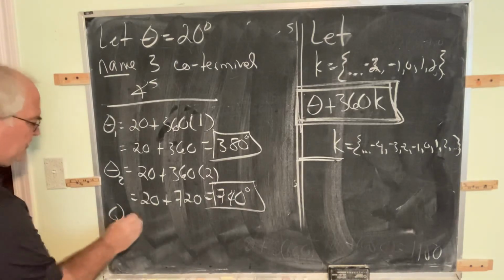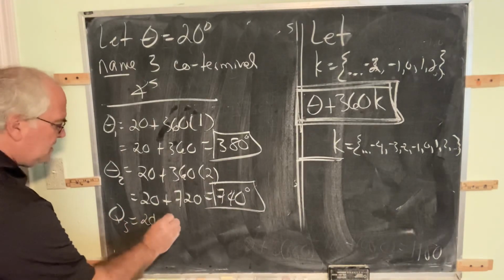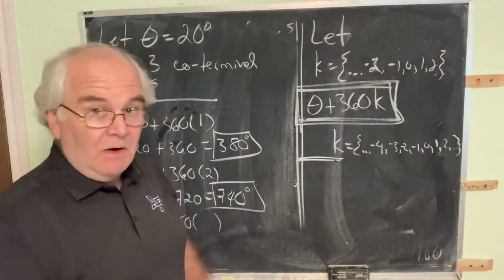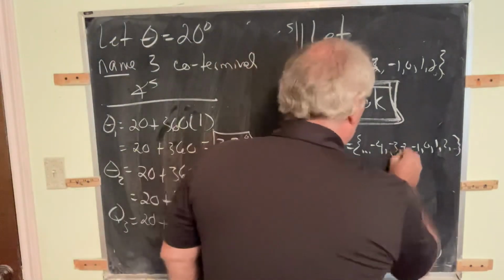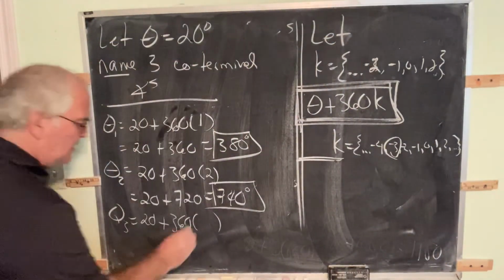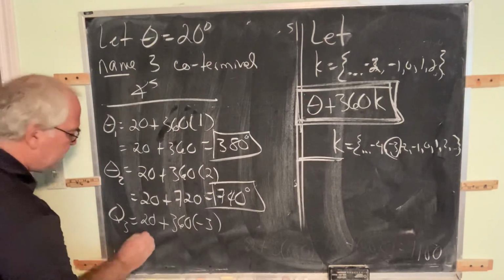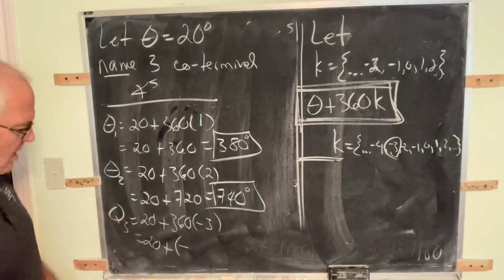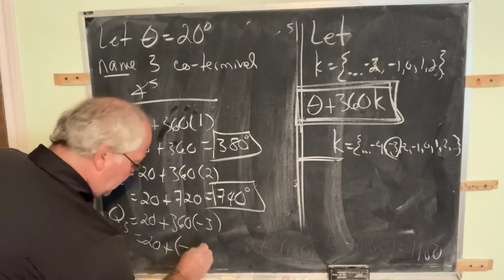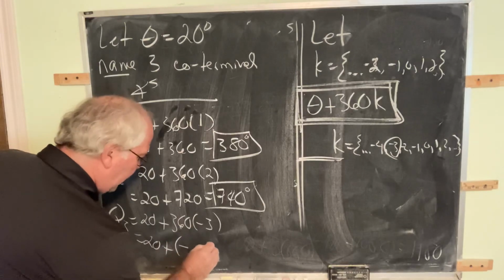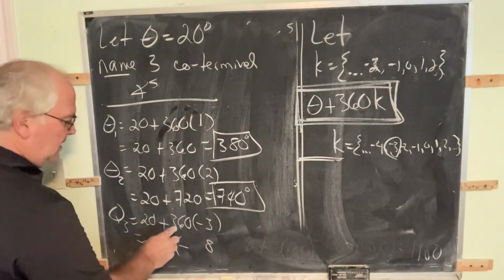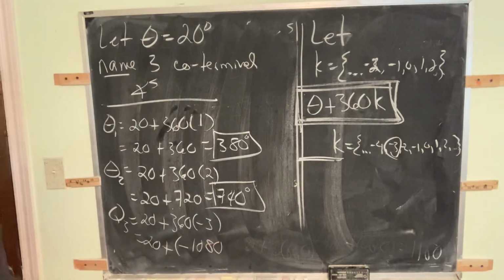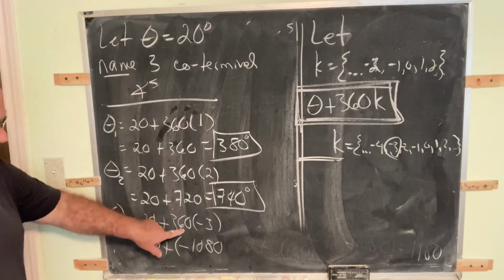Theta 3, which is 20 plus 360 times whichever one you want. In fact, I'm going to go wild here. I'm picking -3. So that's 20 plus negative. Oh golly, what's 36 times 3? 6 times 3 is 18, and 3 times 3 is 9, 108, and 0, so 3 times 360 is 1080.